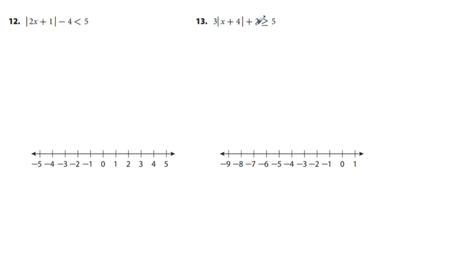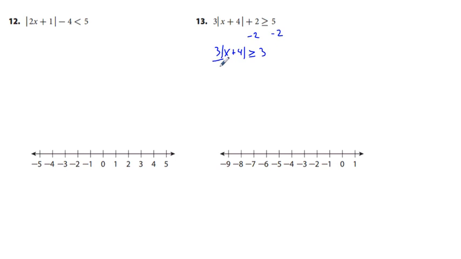Okay, we'll do 13 as the last one in this set. Again, we have a greater than or equal to, but let's go ahead and solve this first by subtracting 2 from each side. So we get 3 times absolute value of quantity x plus 4 is greater than or equal to 5 minus 2, which is 3.